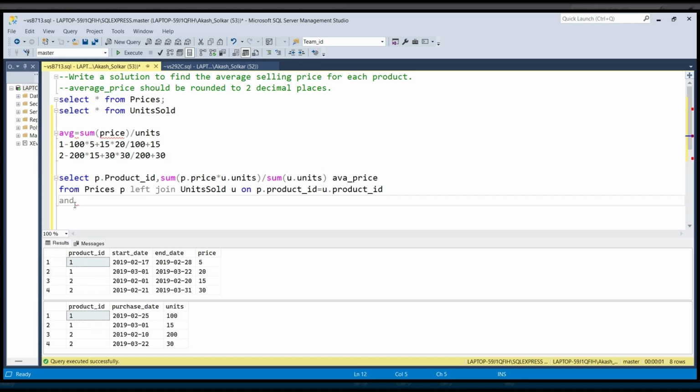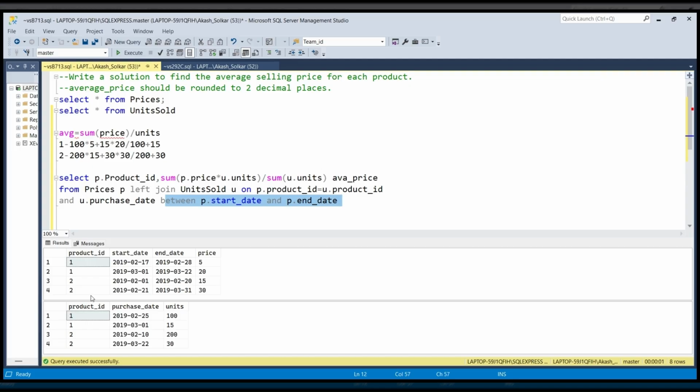So in the where clause: u dot purchase date between p dot start date and p dot end date.